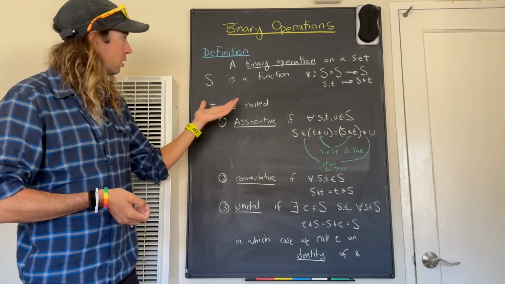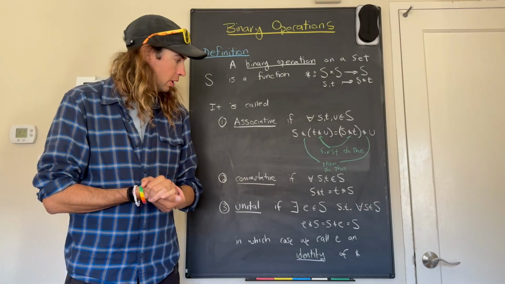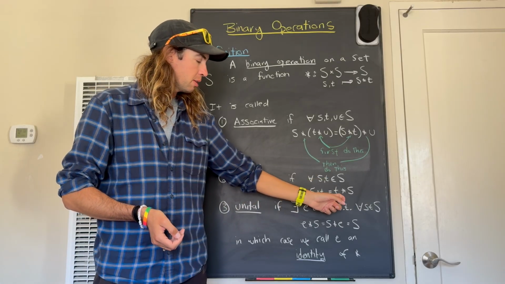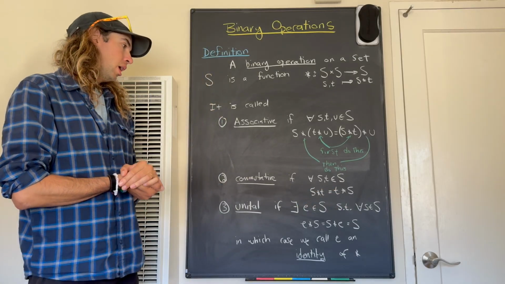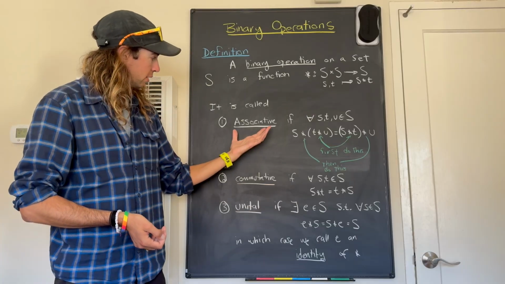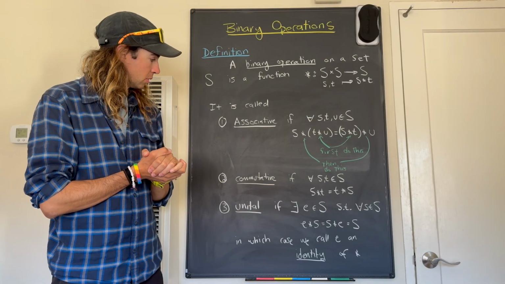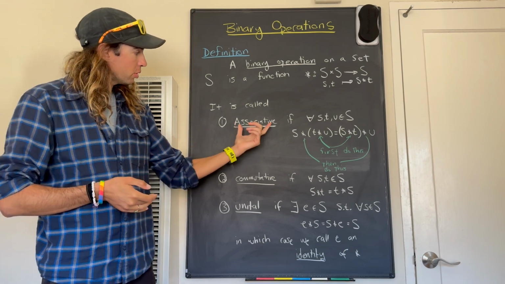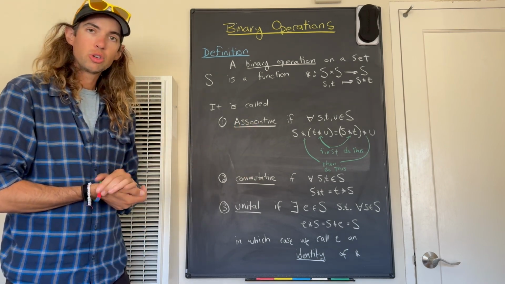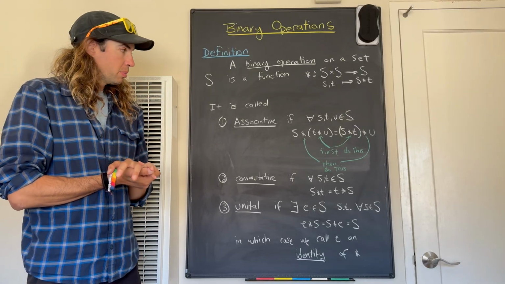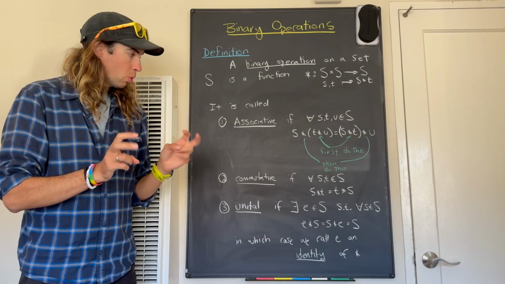Great. And then the binary operation is called commutative if for all s and t, doing s star t is the same as doing t star s. Something that confused me when I first learned about this was that both associativity and commutativity have to do with the order of things, but the sense in which we mean order is different.